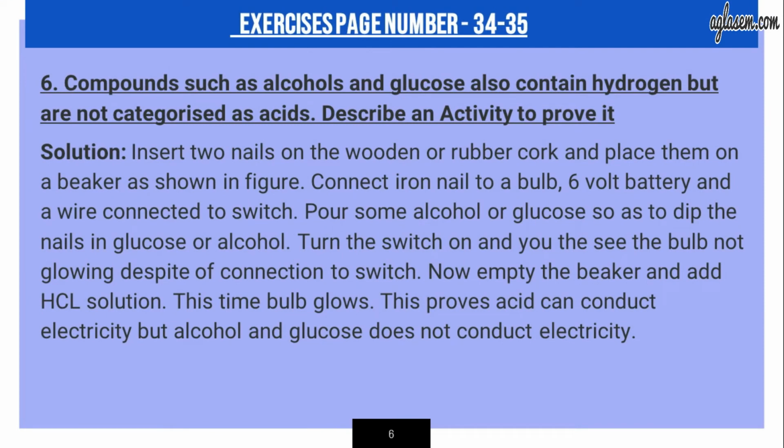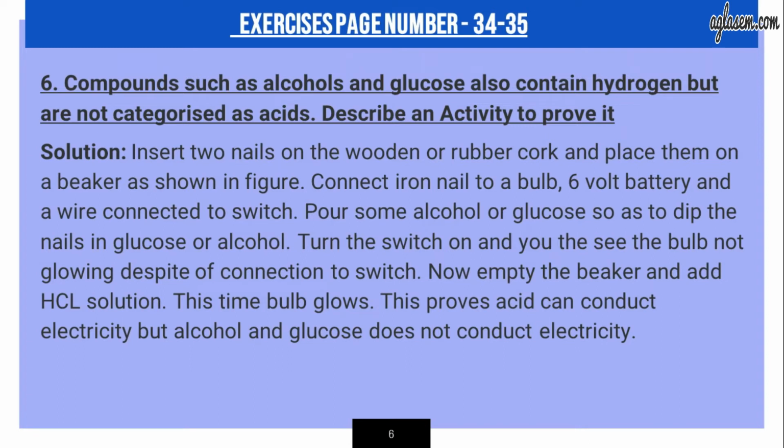Let's come to question number 6, which says: compounds such as alcohols and glucose also contain hydrogen but are not categorized as acids. Describe an activity to prove it. Solution: insert 2 nails on a wooden or rubber cork and place them in a beaker as shown in the figure. Connect the iron nail to the bulb, a 6-volt battery and a wire connected to a switch.